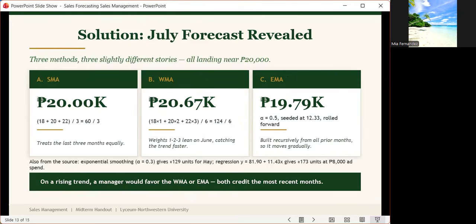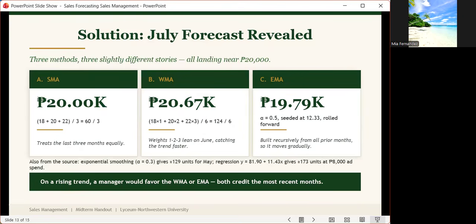As you can see, all three land near 20K. Here, it's very near 20K exactly. WMA is 20.67, like if you round it off, 21. And here 19.79K, if you round it off, it's 20. But the thing is, it is very near to 20.